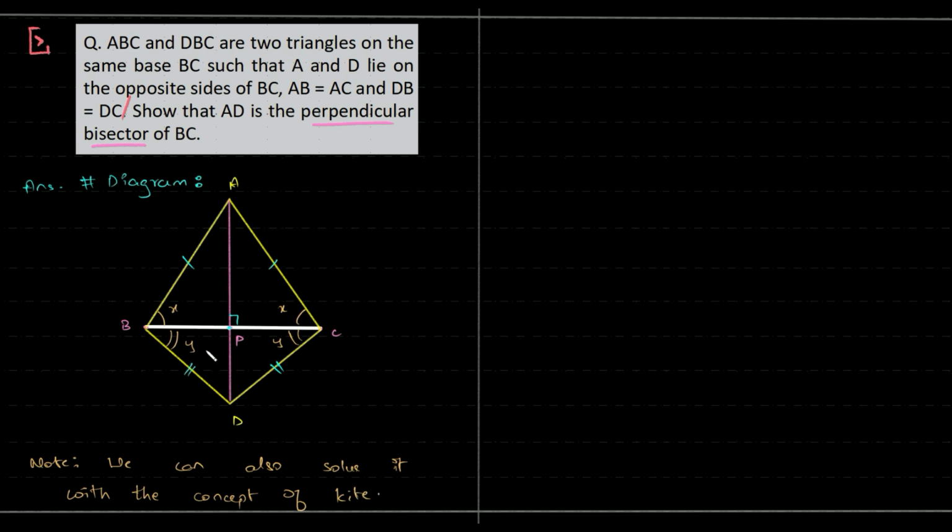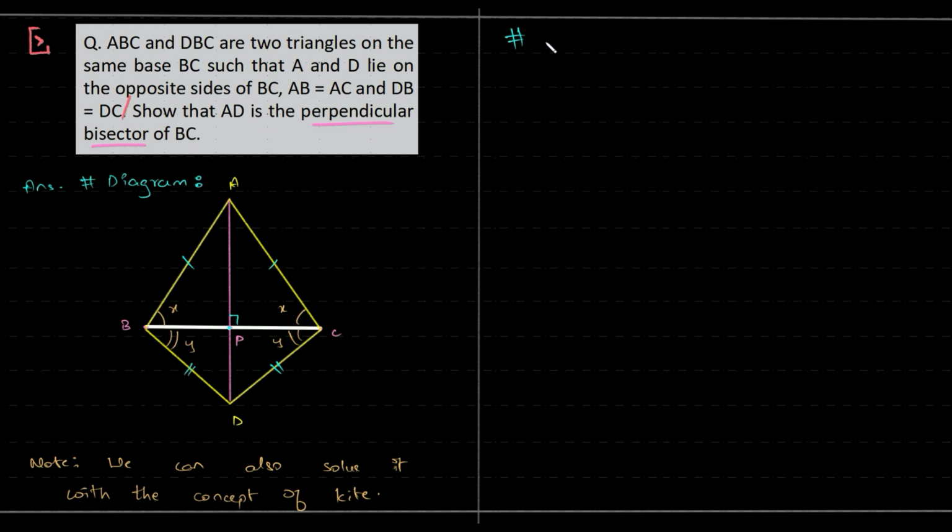By default in a kite, the perpendicular line bisects this. But here we will not use that. We'll use the concept of congruency. How congruency, you guys can pause and think over. Maybe not congruency also.